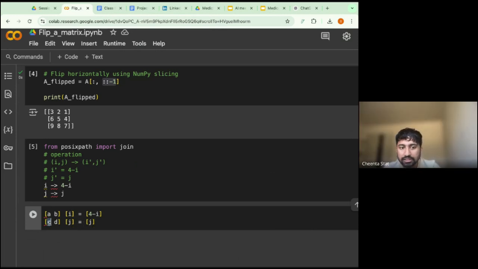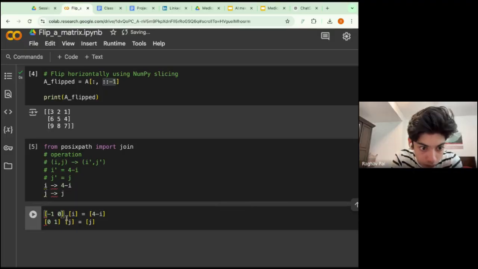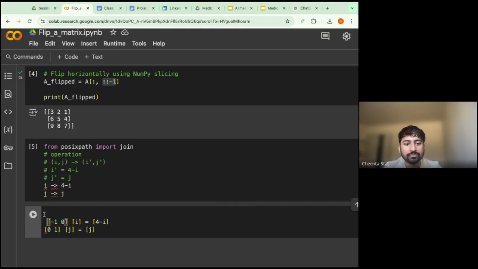So you can easily understand it will be 0 here and it will be 1 here, right? What it will be? It will be minus 1, and there is no component of j, so it will be 0. Minus 1 times i plus 0 times j, but still the 4 is not there, right? Something should be added. So what should be added?